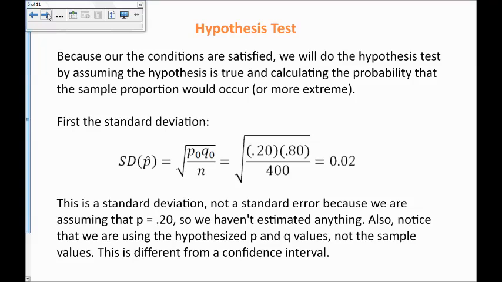Okay, so as we do the hypothesis test and do some calculations, we first need the standard deviation. We're still using the equation from a sampling distribution, which is the square root of pq over n. But this time for p and for q, we are again using the hypothesized p and q values. That's why there's p sub 0 and q sub 0, because these are from the null hypothesis.